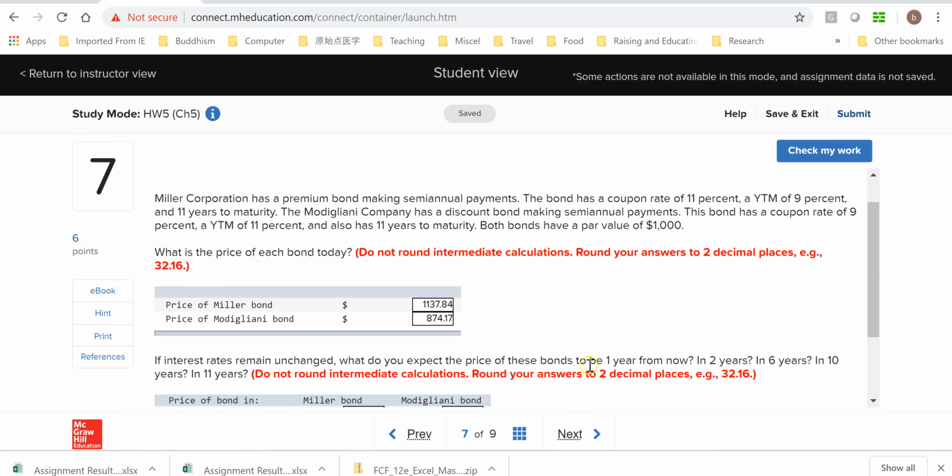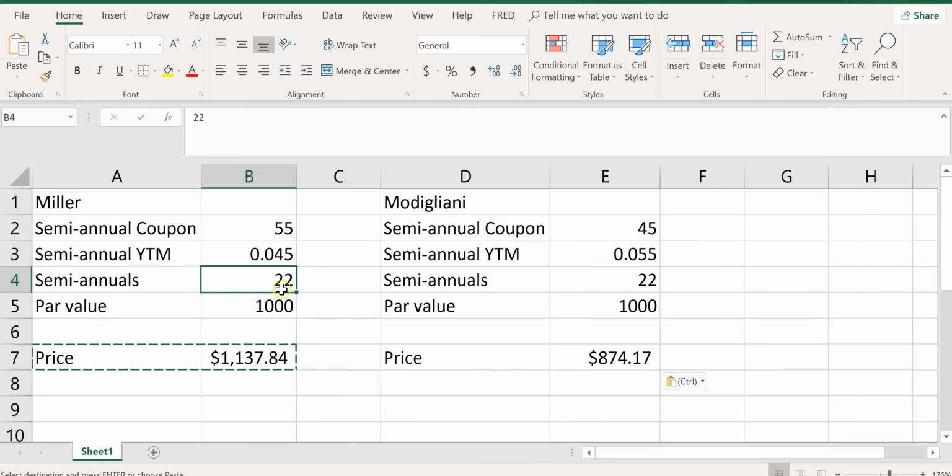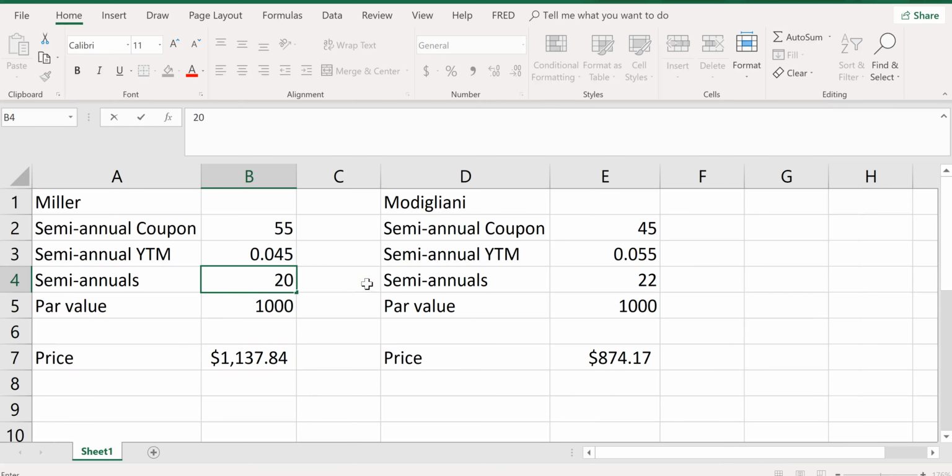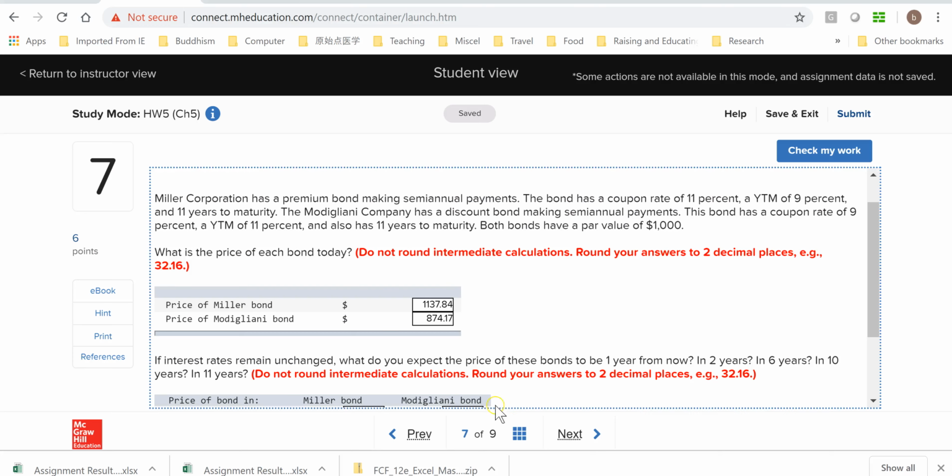Because the initial years to maturity is 11 years, 1 year from now the remaining maturity is 11 minus 1, which is 10 years, and that makes the number of semi-annual periods 20. So let's change this number to 20, and you can see that Excel will automatically calculate the new price based on the new numbers.